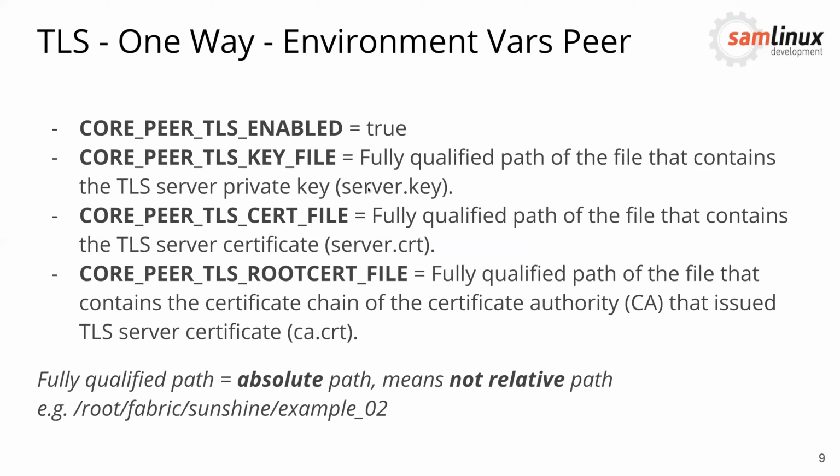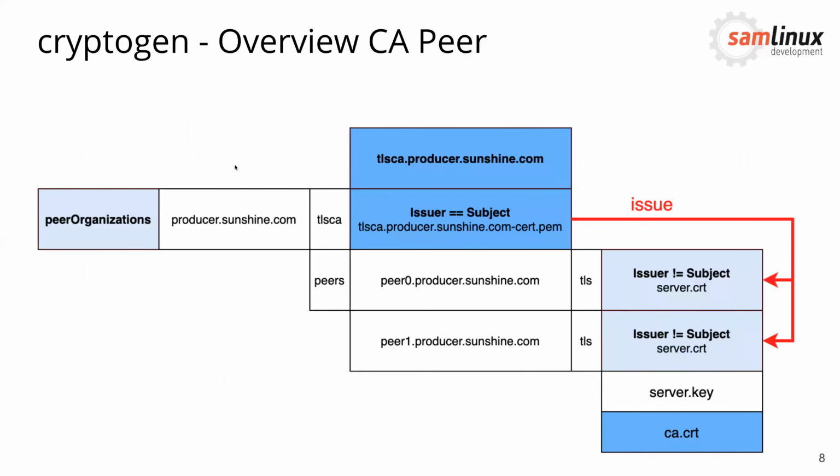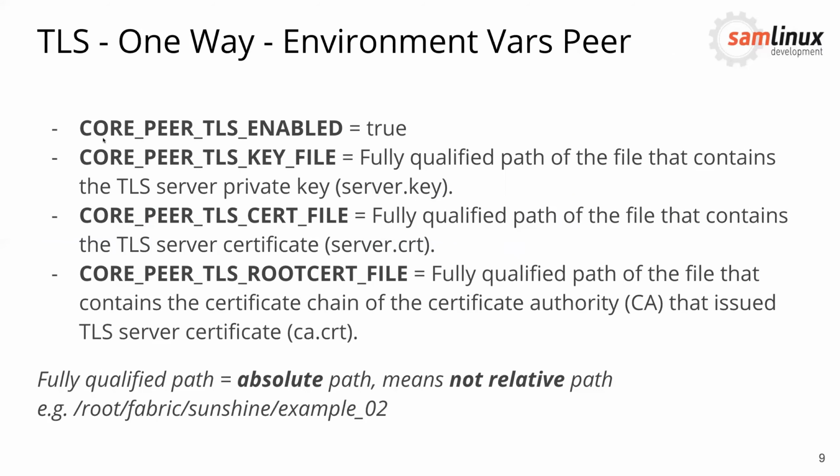And for the peers, we have the same, but the name is a little bit different. So the name is core peer TLS enabled, core peer TLS key file, and core peer TLS cert file, and so on. But the meaning is the same.